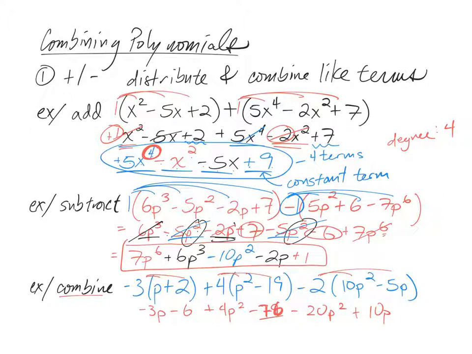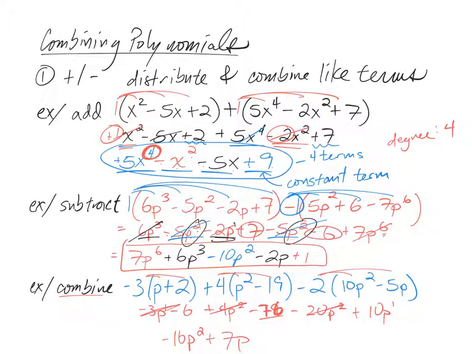So let's see. Biggest exponent I see here is 2. And I have 2 terms with that. So I'm just going to combine the coefficients in front. 4 minus 20 is negative 16p squared. That takes care of that and that. Next I have exponent 1. So I've got a negative 3 plus 10, that is plus 7p.